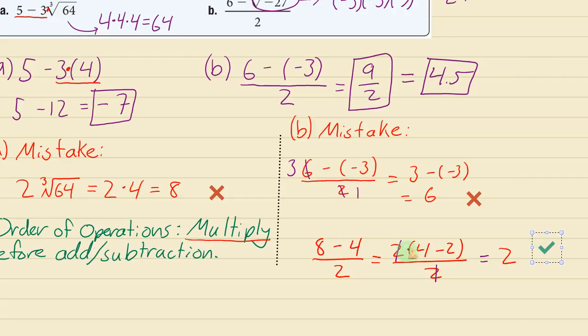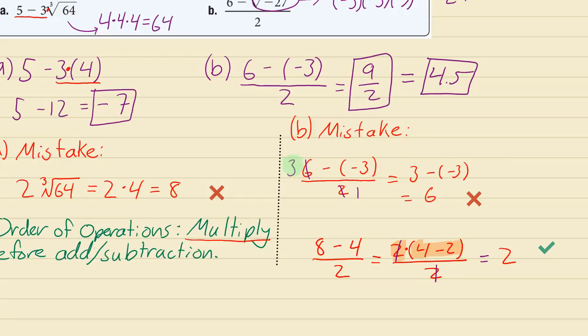Because if it's written as multiplication like this, the numerator is written as 2 times another thing, and that's all multiplication, then you can reduce a factor.